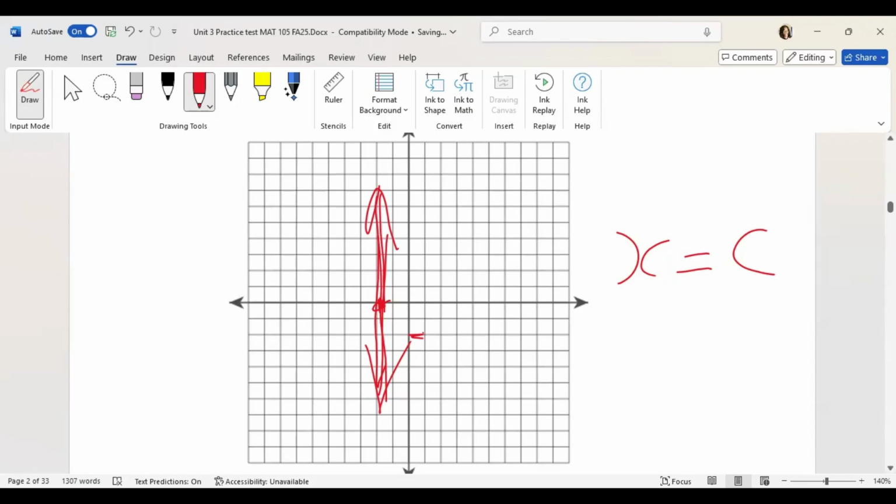We know only the value of x, the value of y is not there. Slope is y2 minus y1 over x2 minus x1. Well, we don't have y2. So we can say that the denominator is going to be 0 when we do that. So it is undefined.